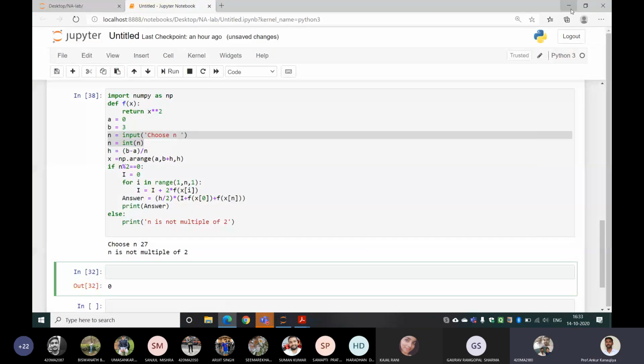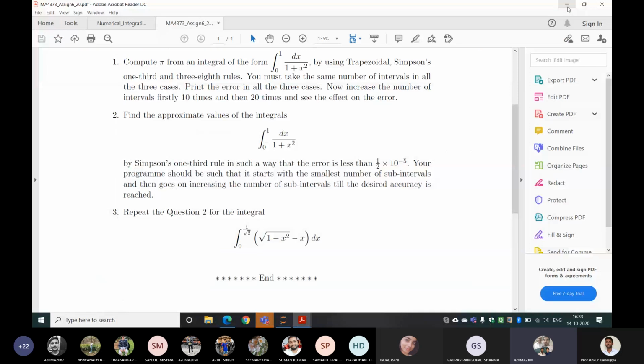Hello, sir. In the previous class, you taught one kind of code to form a table, that is printf with percentage, and today you taught another one, but I already submitted the previous one.